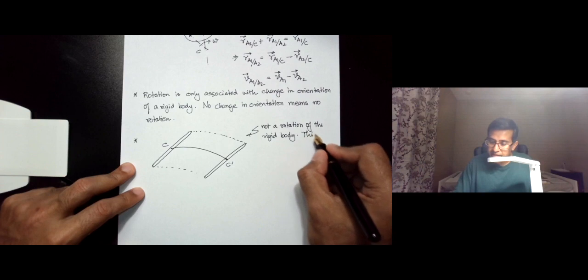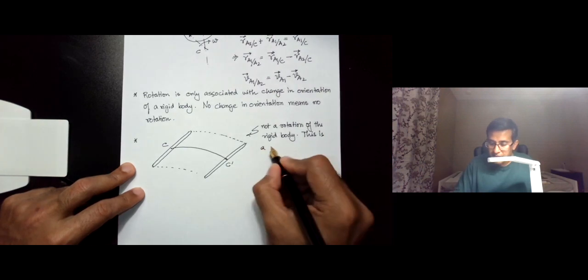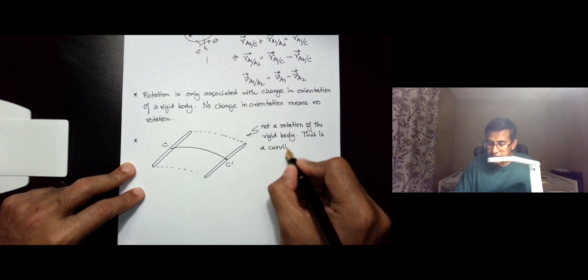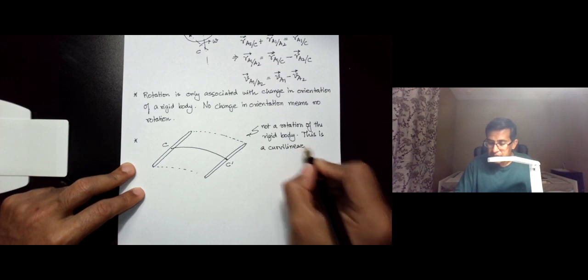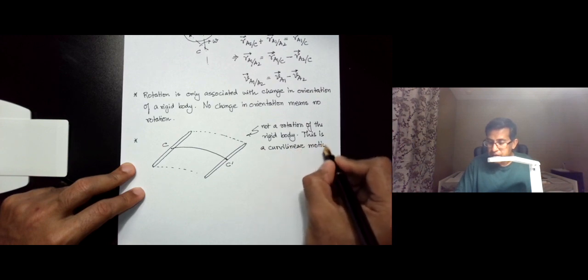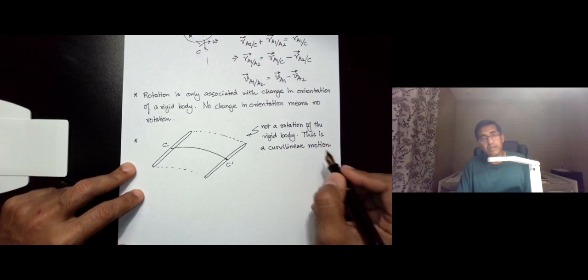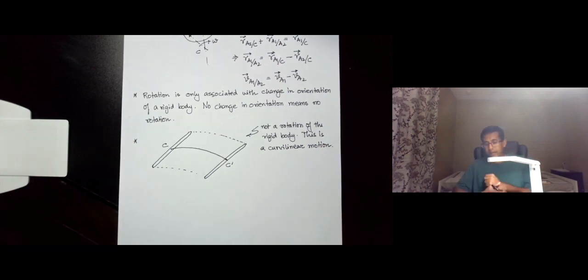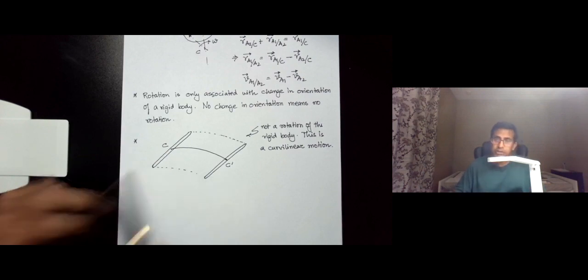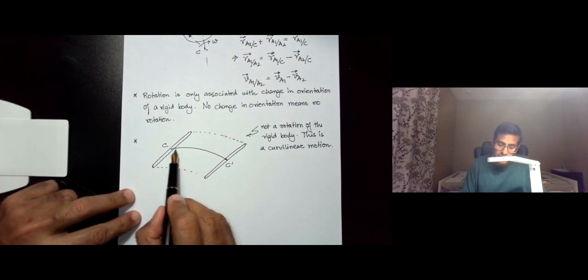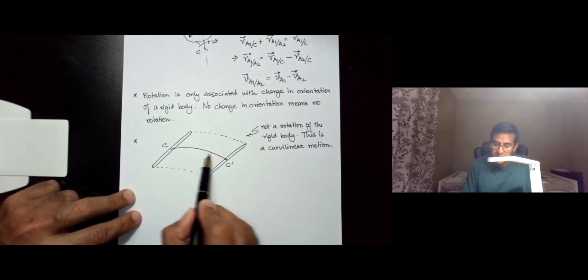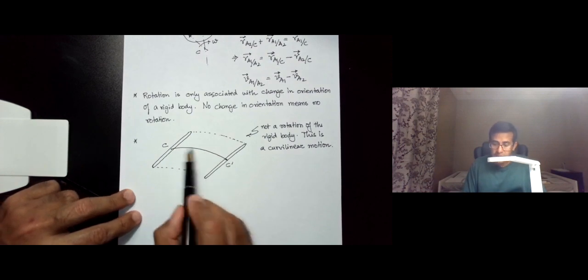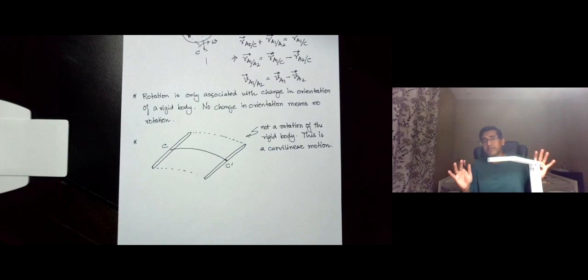This is a curvilinear motion. A curvilinear motion is not a rotation. And a curvilinear motion can be considered to be small linear displacements of the center of mass as it goes, without any change in the rotation.